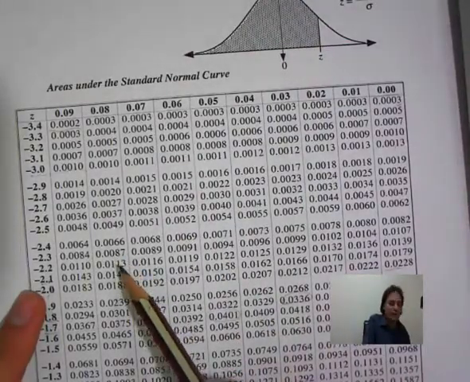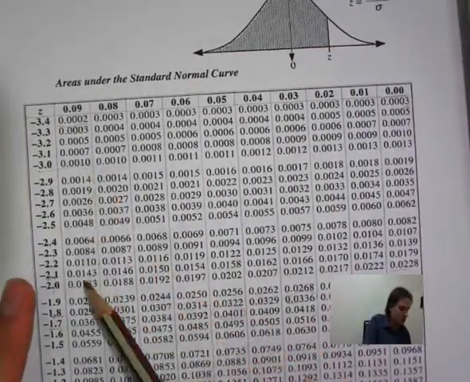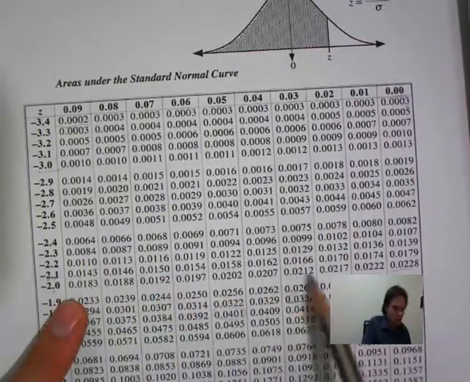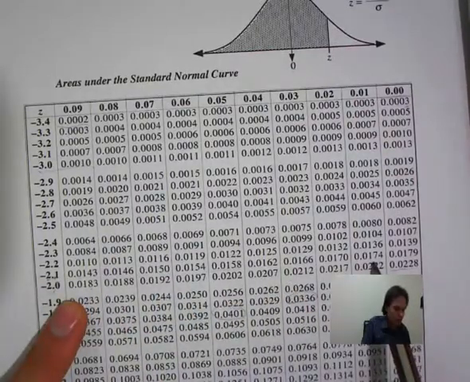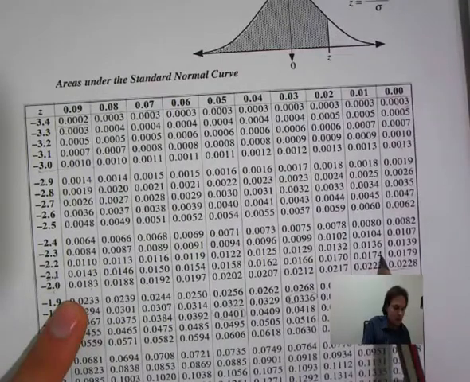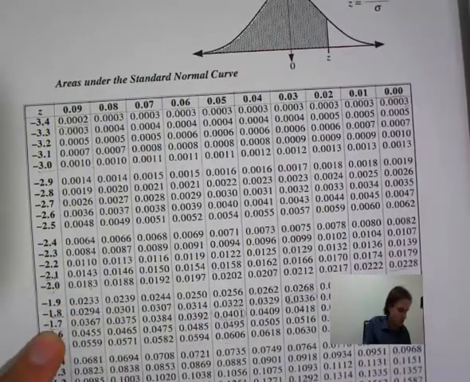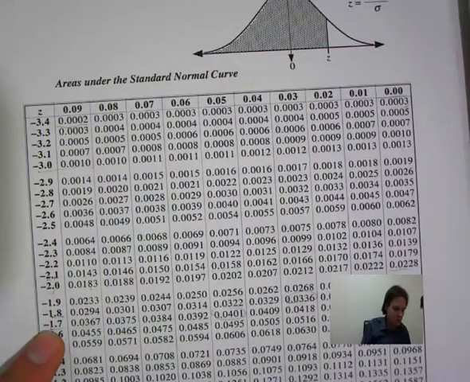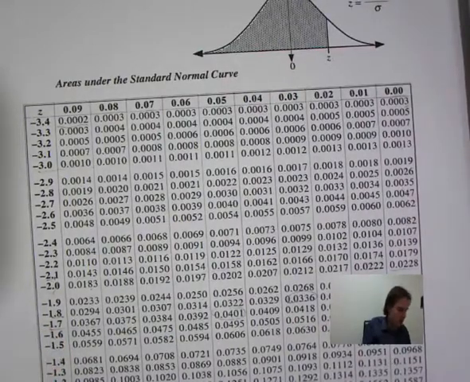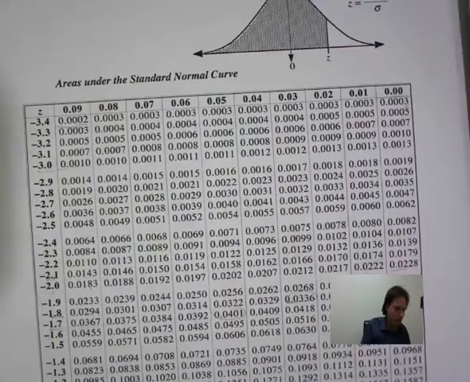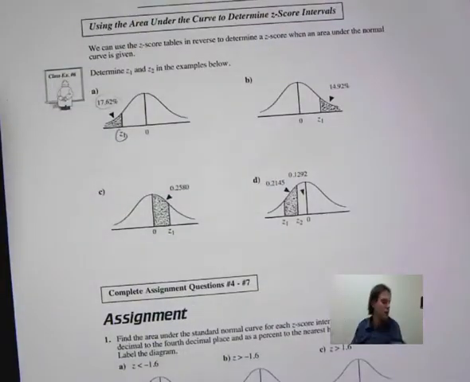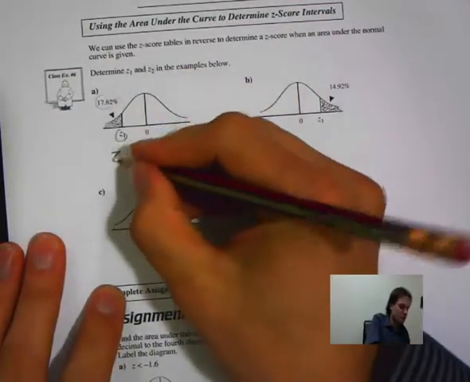So that's 0.176. So 0.174. Nope, that's one way off. 0.1762, right there. That is negative 0.93. So my z-score is negative 0.93.